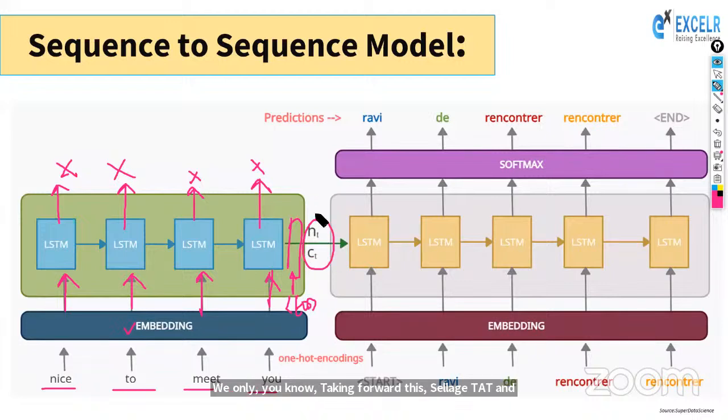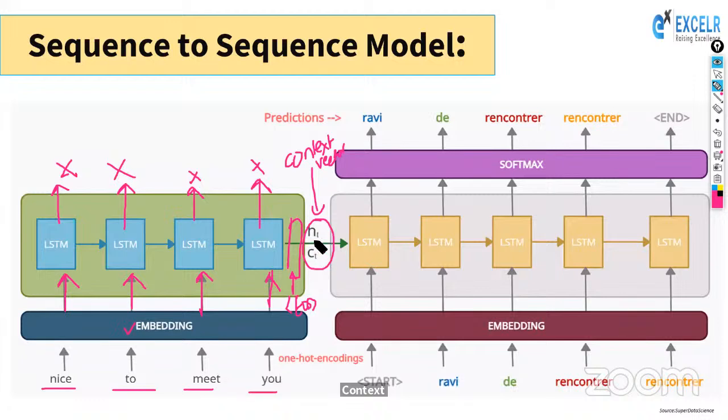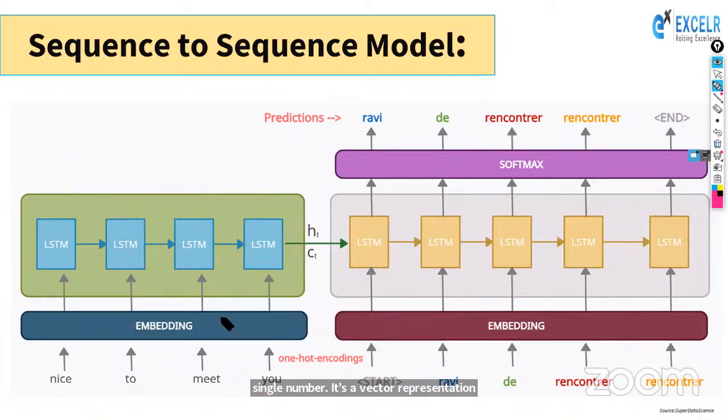This is what we call a context vector. Whatever output is generated by this hidden state and cell state, we call it a context vector. And this is a vector representation, guys. It's not a single number. It's a vector representation. Okay. So you need to apply some kind of vectorization technique over this input text data.